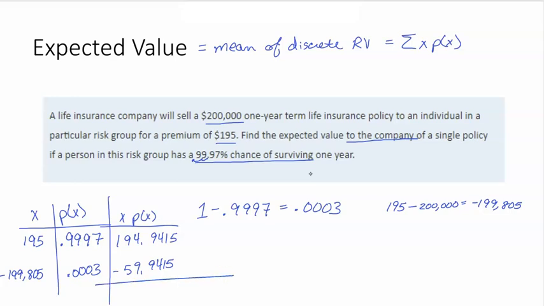Now we're going to add that column up. If I add these two values, 194.9415 plus negative 59.9415, that will give me my expected value. So in the long run, they would expect to gain $135 on this particular policy.